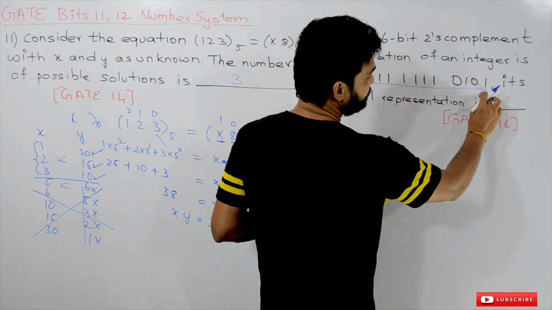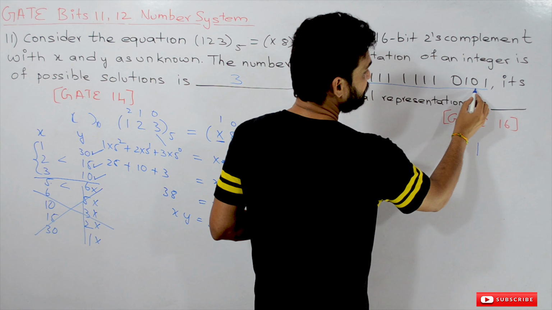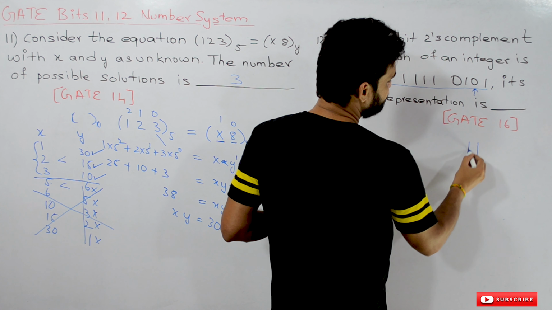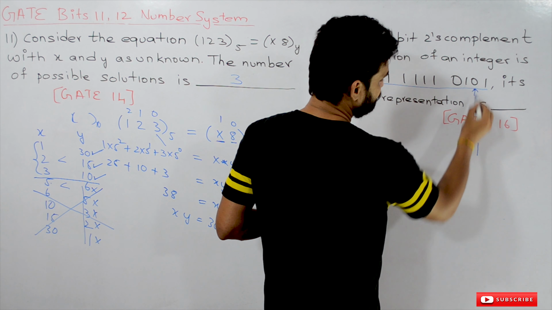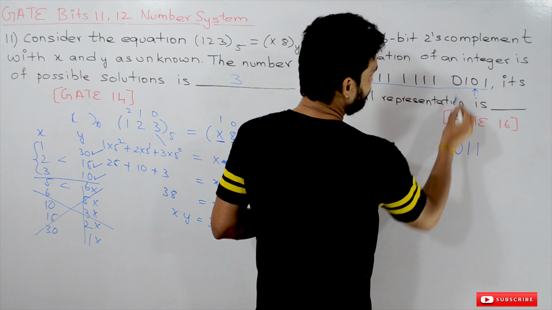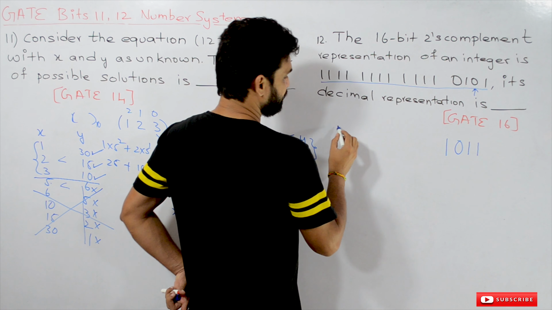So this is the first one and it has to be taken as it is. From here we have to complement everything. So 0 will get complemented to 1, and 1 will get complemented to 0, and this 0 will get complemented to 1, and from here everything is 0.